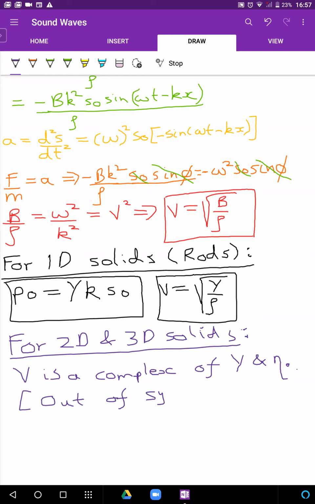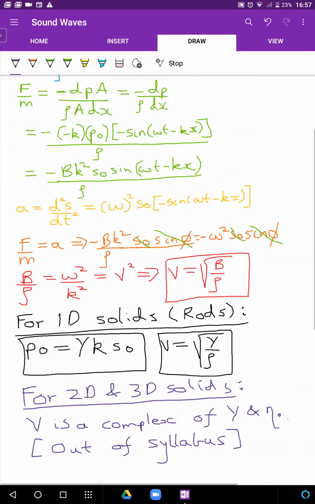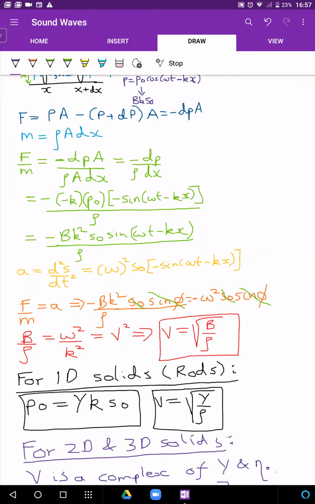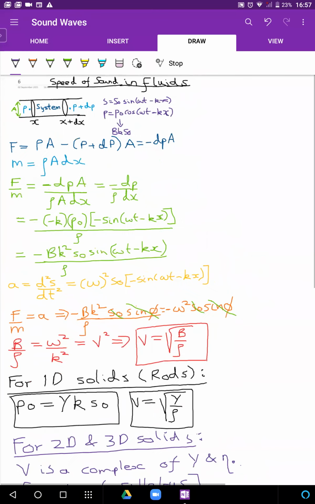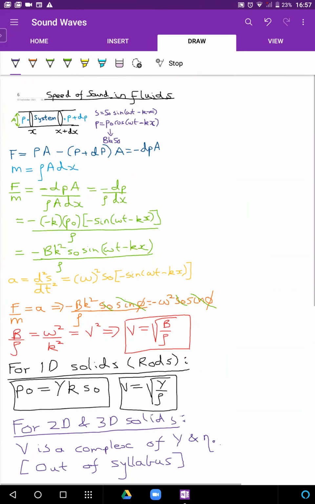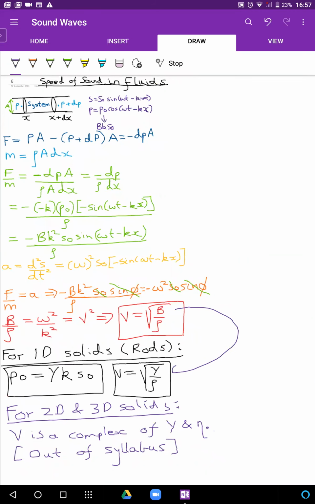But वैसे तो solids का इतना ज़्यादा heavy नहीं, but nonetheless you can remember for a 1D solid the substitution is very simple. For 1D solid you just have to replace Bulk modulus with the Young's modulus. For 1D solid, just replace Bulk modulus with Young's modulus in both the formulas.